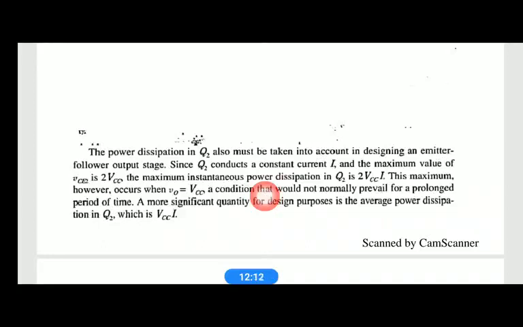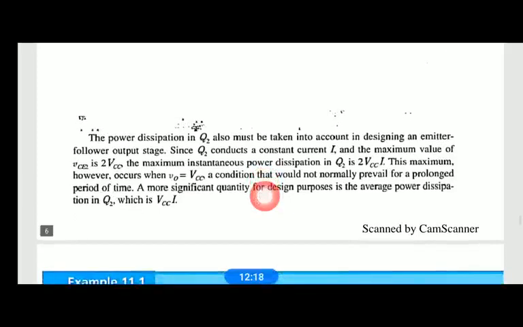So VCC into I is the power dissipation at the transistor Q1, and similarly the same for the transistor Q2 when you are not applying any voltages.